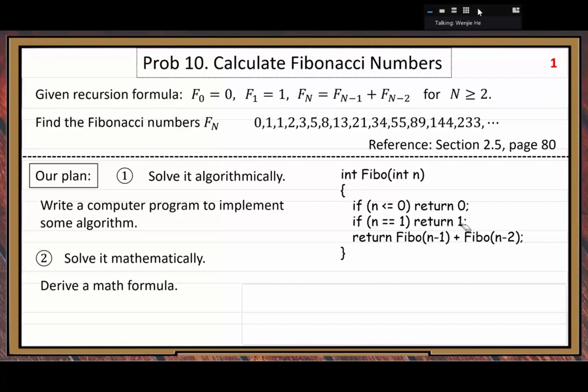We just apply the given formula directly. There are 3 lines inside the function. The first 2 lines are for the base cases, and then the main calculation line, the third line. Then we're done.